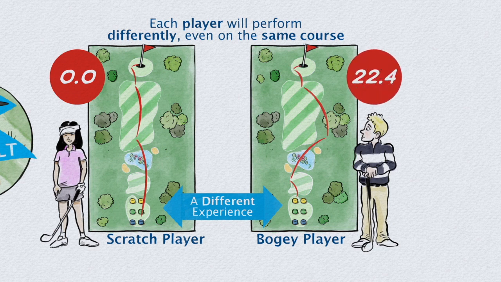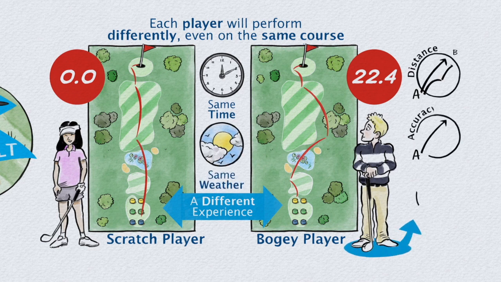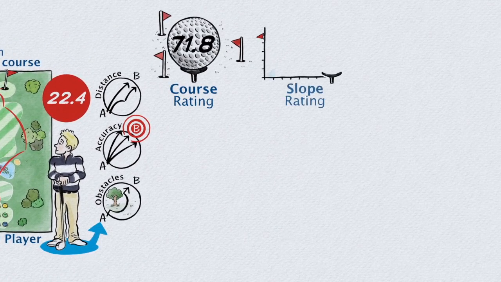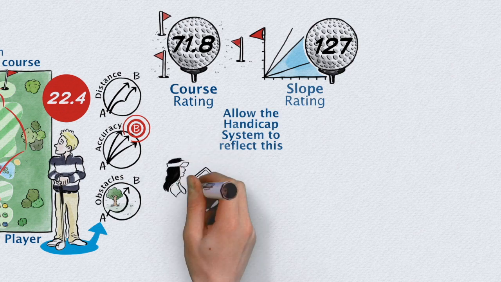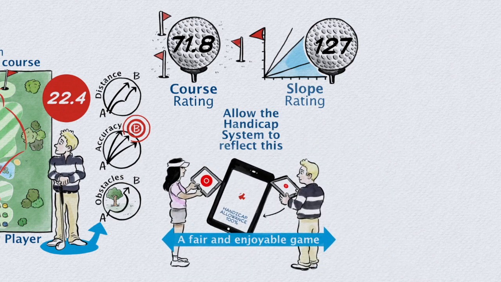Playing a round of golf on the same course at the same time in normal conditions, the bogey player will find more challenges with distance, accuracy, and dealing with obstacles. Course ratings and slope ratings allow the handicap system to reflect this, as part of the conversion of a player's handicap index into a playing handicap, so that golfers of differing abilities can have a fair and enjoyable game.